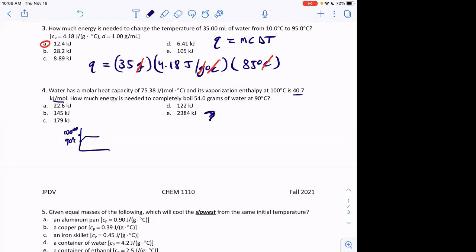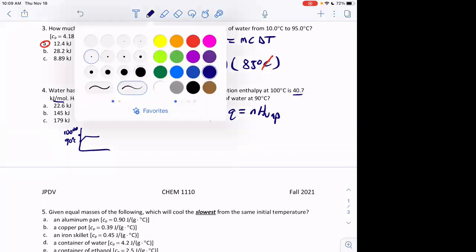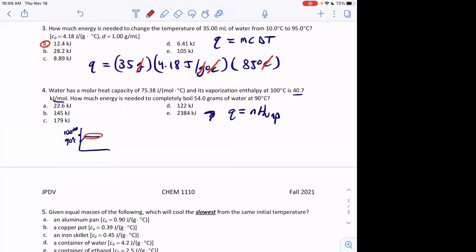I hate the notation because I can never remember. Heat of vaporization times the moles. Moles in front is a little bit better. Just the moles times the heat of vaporization, right? But that is just for this part right here.